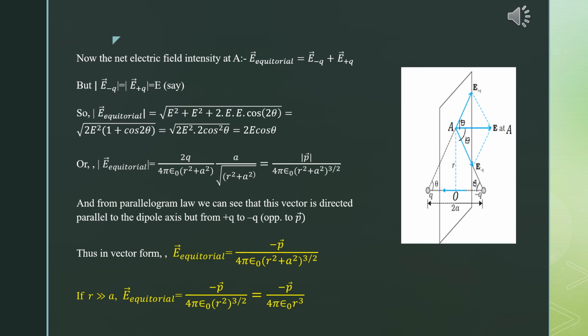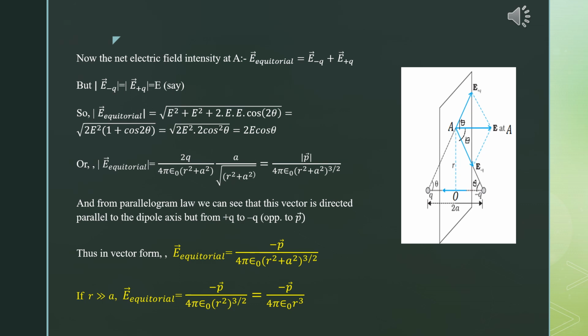Now, if you apply the parallelogram law carefully, the resultant field is coming from left to right, but the dipole moment direction was from right to left along minus i cap. So direction wise, the equatorial field is in the opposite direction of the dipole moment. Therefore, we incorporate a minus symbol when writing in vector form.